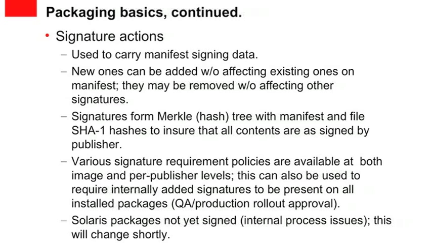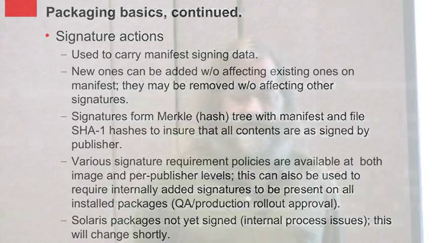And because the manifests contain SHA-1 signatures of the files that are a part of the package and the rest of the information, they form basically a Merkle or hash tree that completely defines every component that's in the package.